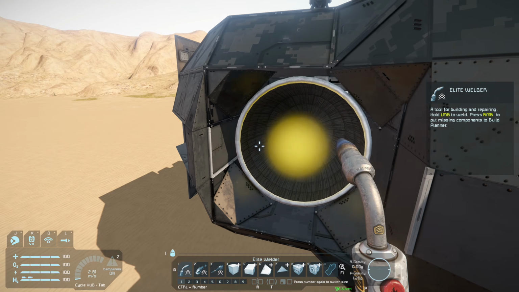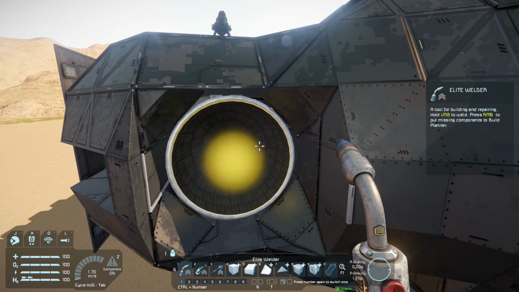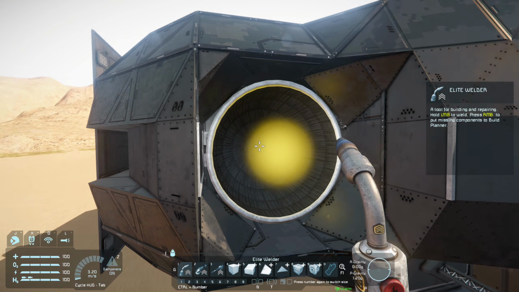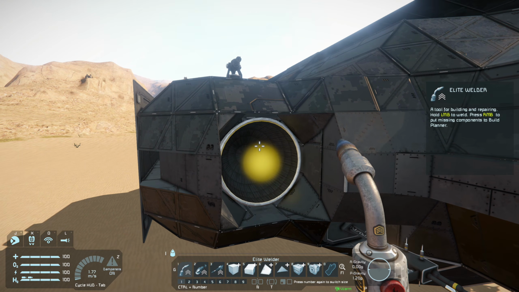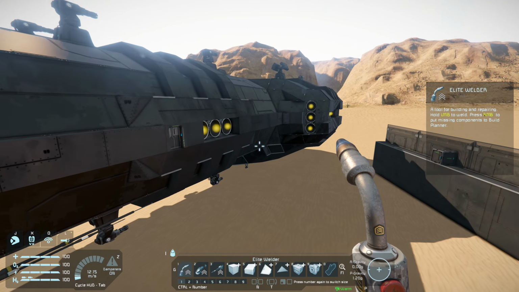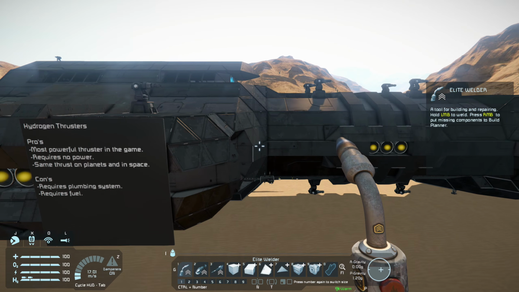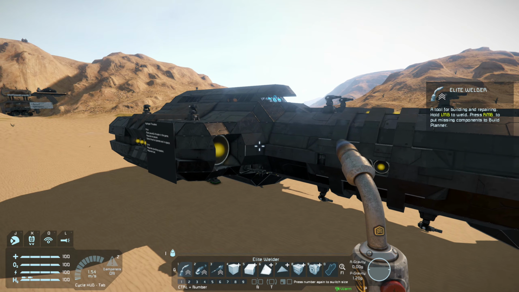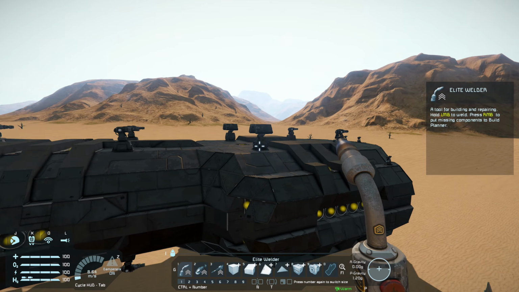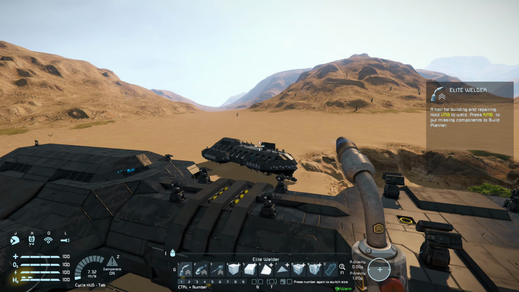Then all of a sudden this thruster no longer can receive fuel, and even though the thruster is absolutely fine, it will actually stop working because it can't receive any fuel. So sometimes, that's definitely a disadvantage to hydrogen thrust over the atmospheric and the ion thrusters.